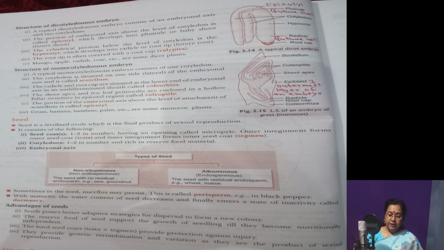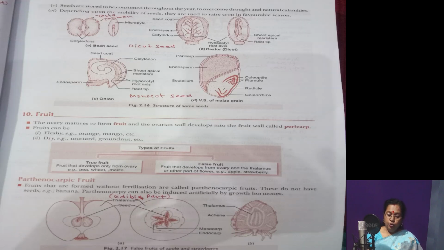Now let us understand what are fruits. You all know that the ovule forms the seeds and the ovary on maturation develops into a fruit. The ovarian wall of the fruit is called pericarp, and the pericarp encloses the endocarp and the mesocarp.